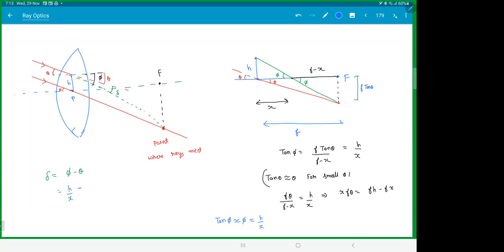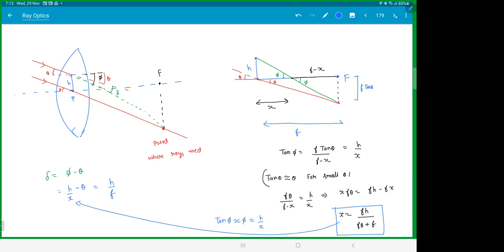I want to get an answer in terms of h and f, so today I didn't actually need x, right? That is fine. Minus theta. Take this x and substitute here. I will leave it here. It's too messed up. The final answer will come out as h by f.